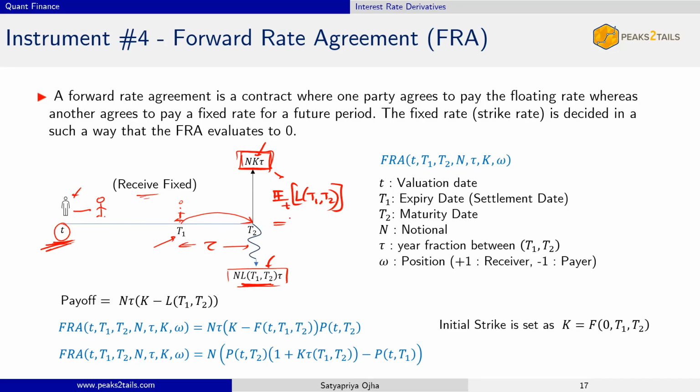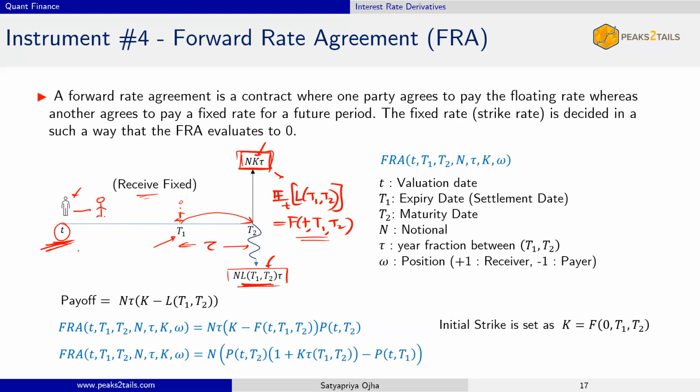It is the forward rate, exactly. Forward rate as observed at time t between these two dates, T1, T2. Okay, it is the forward rate. There is also a measure associated. Anyways, let's not get into that. So expectation of L is the forward rate.